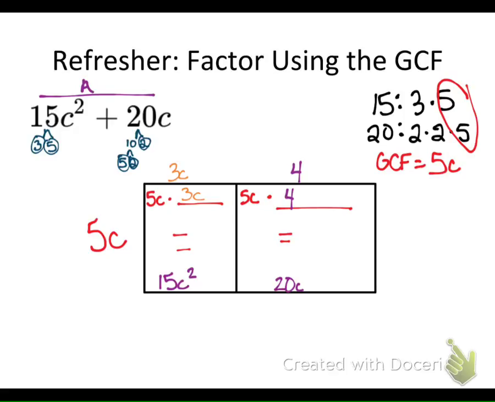And from here we can plug them in to finish our formula. So A equals height times width, which is going to equal 5c in parentheses because it's more than 2. 3c plus 4. Close parentheses and box my answer.